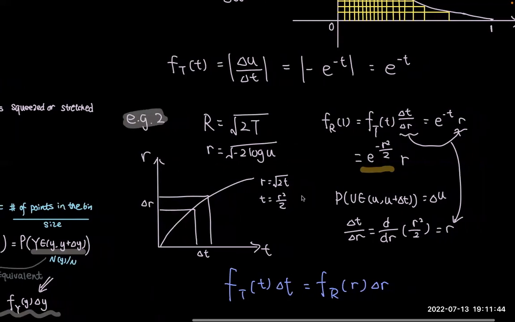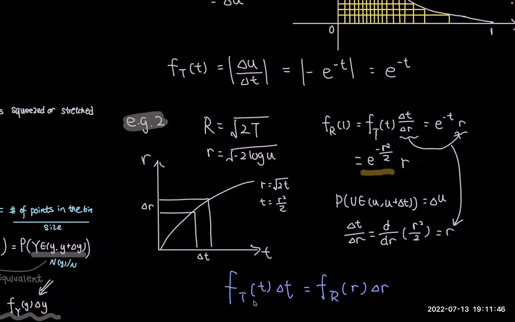And from here, we know the density for t, which is e to the negative t. So from this identity, we know f_R of r equals f_T times delta t divided by delta r. We just move delta r to this side. So f_R of small r equals f_T of small t times delta t divided by delta r. And we know that t equals r squared over 2.